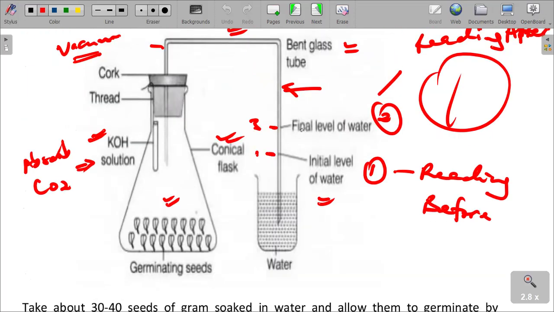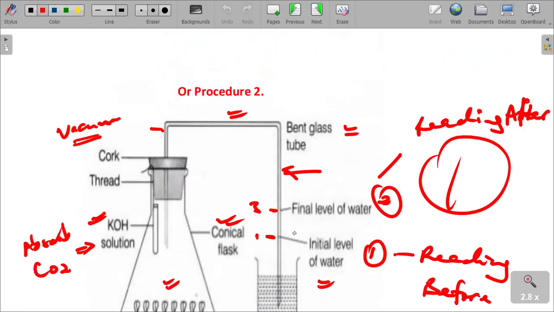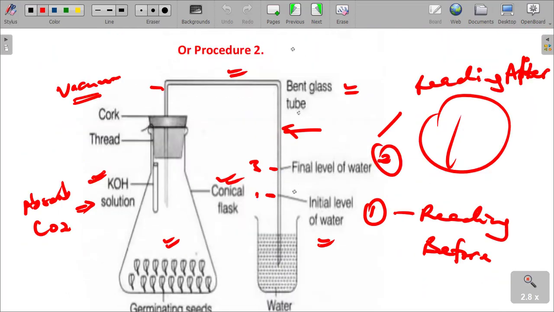So how to increase validity of the results? How can we ensure that carbon dioxide is absorbed and so forth in this case, as well as what is the control and how to set up a control in an experiment.